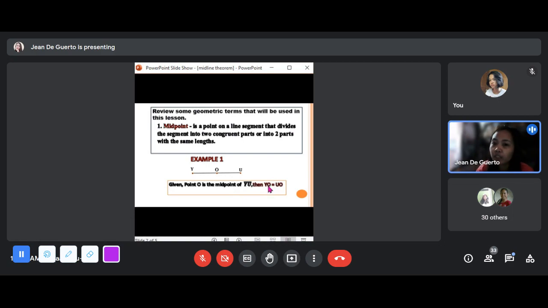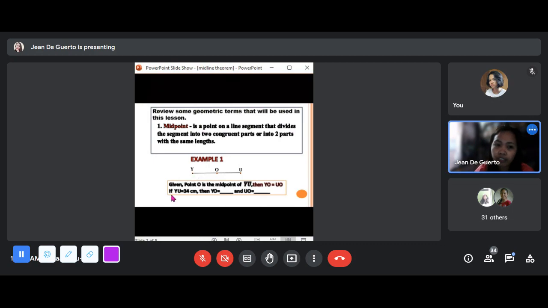Pero pag ginamit nyo yung congruent symbol, then you are actually referring to the part itself. Kasi yung iba, pag ang tinutukoy nila is measurement, ginagamit nila yung congruent symbol. But actually, hindi dapat yun ang gamitin. It should be the equal sign.